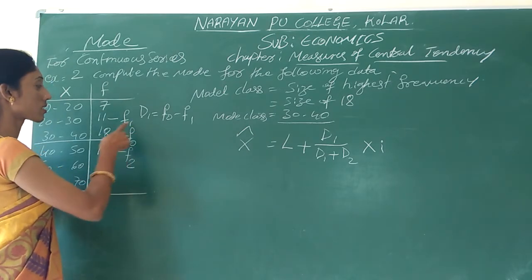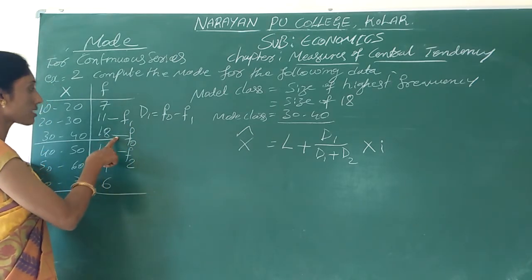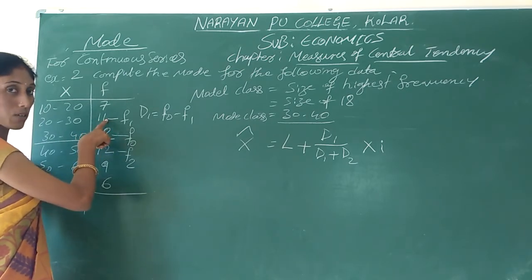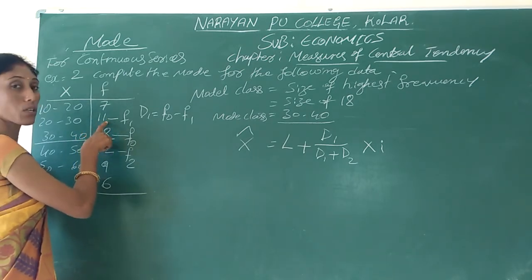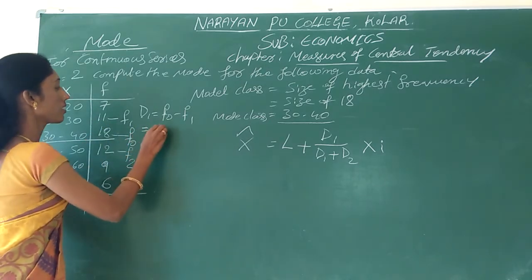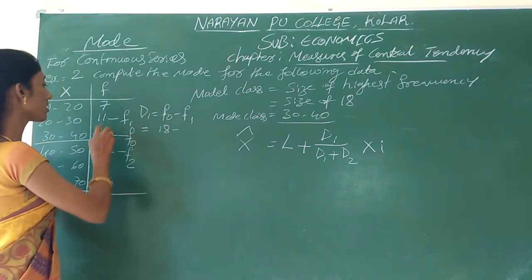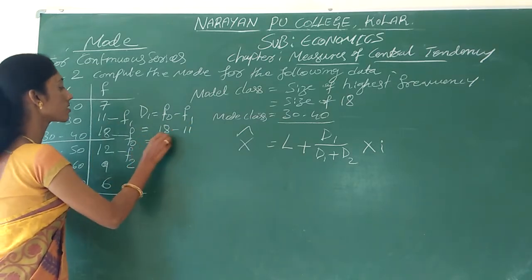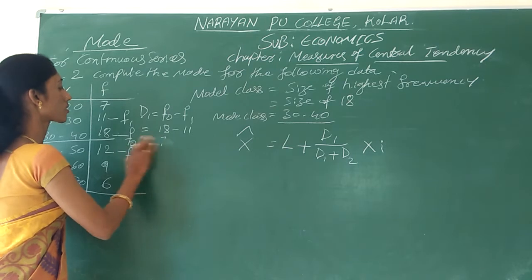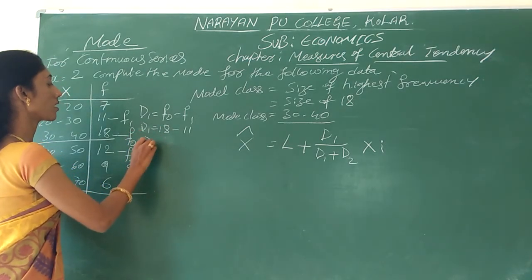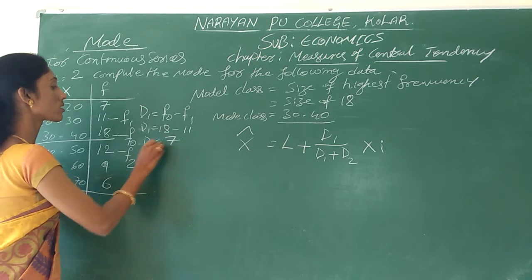Now D1 means the frequency of the mode class minus the frequency preceding the mode class. F0 is 18, F1 is 11, so 18 minus 11 is 7. D1 equals 7.